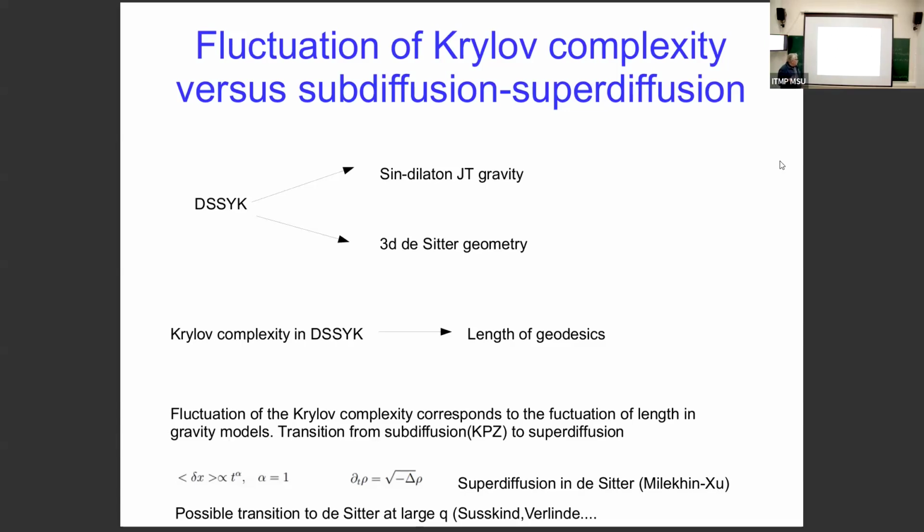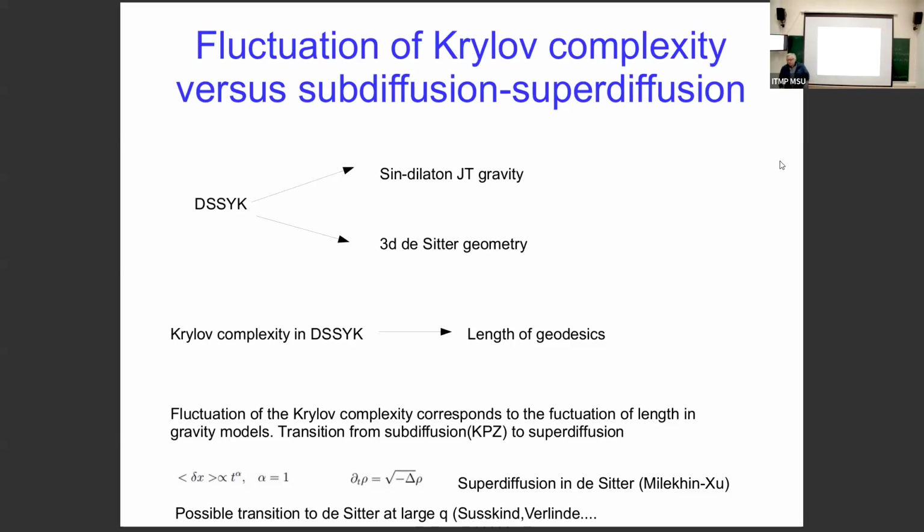And remarkably, the superdiffusion, with just the same coefficient, has been argued, not as a theorem, but there are several arguments that indeed we have superdiffusion in de Sitter. It matches the superdiffusion in double scale SYK.